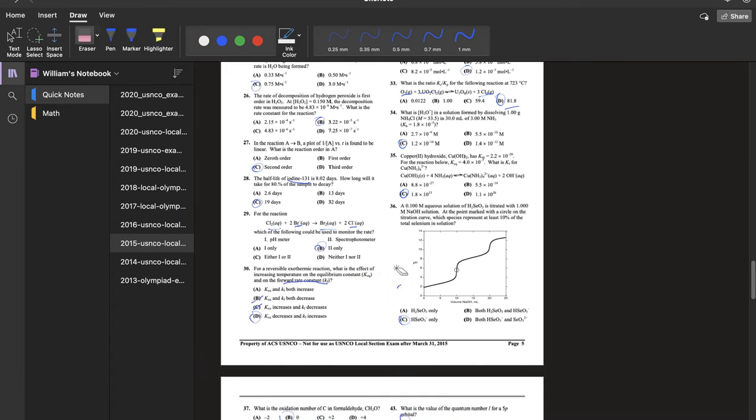this one. So basically, you want to write out the definitions for each K, and then it's really easy to see what you have to do.